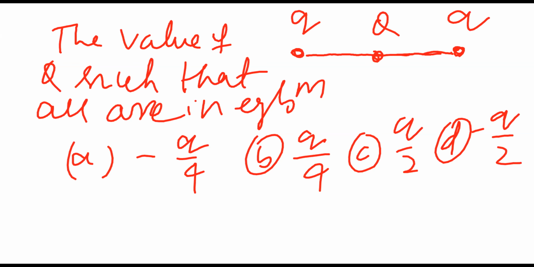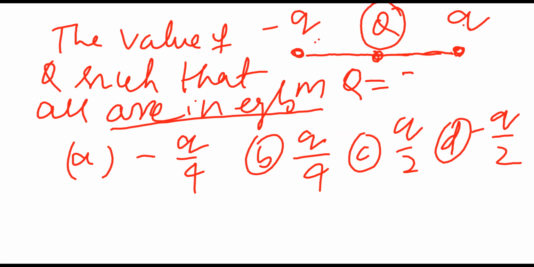Tell. D. Why D? You see, what is the formula? Now if all are in equilibrium, what is the formula? This Q calculation, the middle charge calculation, is minus the multiplication of both charges, because both are positive.